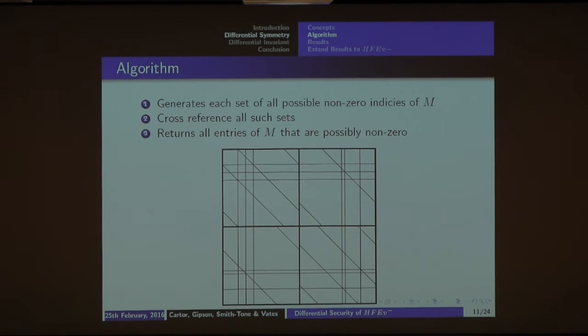It goes per horizontal or vertical line, per alpha, beta, gamma monomial, and looks at anywhere you might possibly have non-zero information on that line. It stores that information and moves on to the next horizontal and vertical line to successively store that information. And then it cross-references all such sets. When it does that, it will return to you the only element within the M matrix that is possibly non-zero. In doing so, we are hoping to show that the only possible non-zero index of M is M0, and that index represents a diagonal structure matrix for our M.